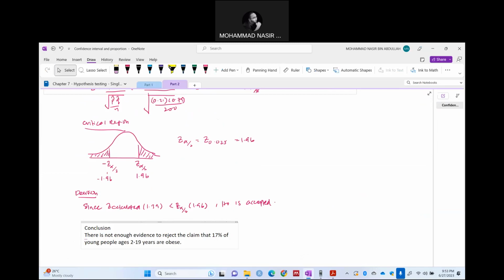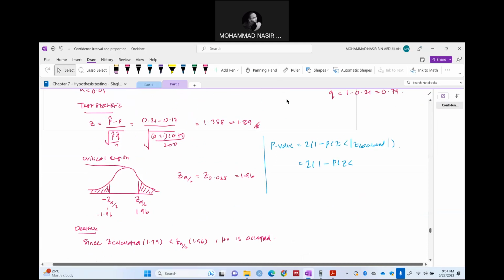If you are using the p-value method, how do you do it? P-value method. This is a two-tailed test, so p-value is 2 multiplied by 1 minus the probability of z less than z calculated. So this is 2 multiplied by 1 minus the probability of z less than 1.39.